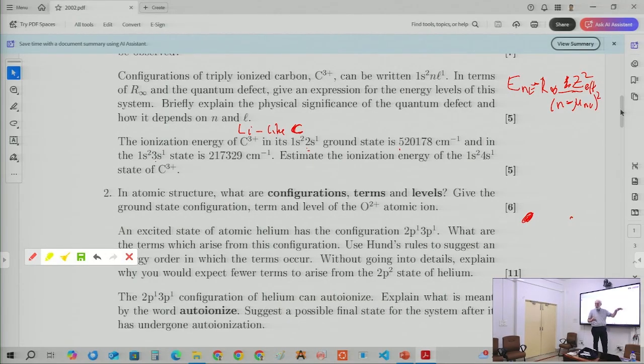If you have a neutral atom, the effective charge is 1. But here we've got a 3-fold ionized atom. You have a charge of 6 originally for carbon, you have 2 core electrons which cancel it, so that gives you Z effective is 4. The core is the nucleus plus the core electrons. So this outer electron sees an effective charge of 4.